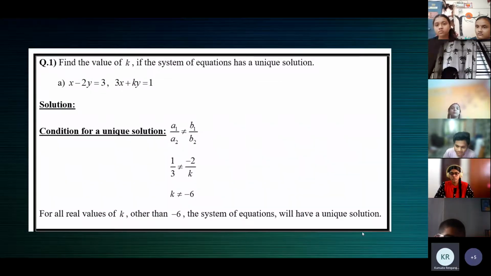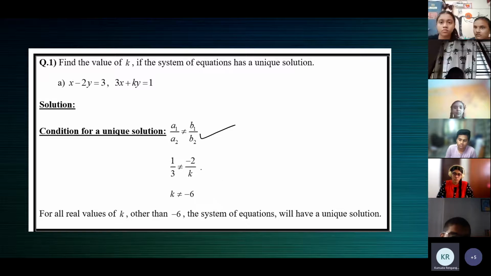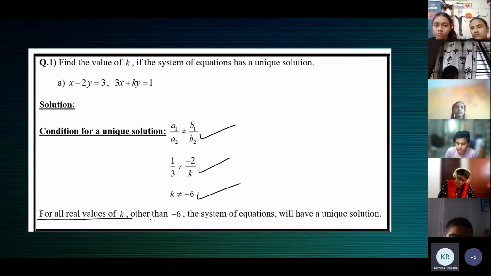So how do we work this? Write the condition for a unique solution. Substitute the values. You'll get k is not equal to minus 6. That means for all real values of k other than minus 6, the system of equations will have a unique solution.